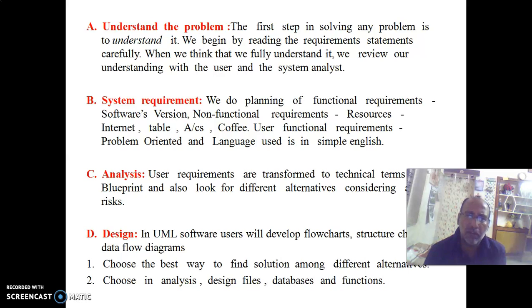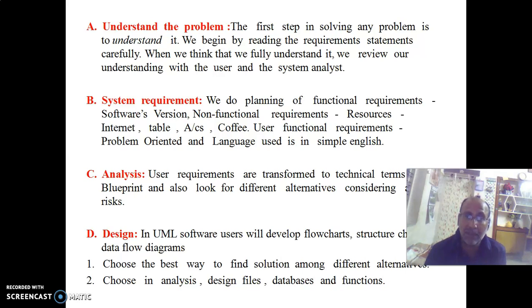User functional requirements: problem-oriented language used is simple English. Analysis: user requirements are transformed to technical terms like a blueprint and we also look for different alternatives concerning our place.